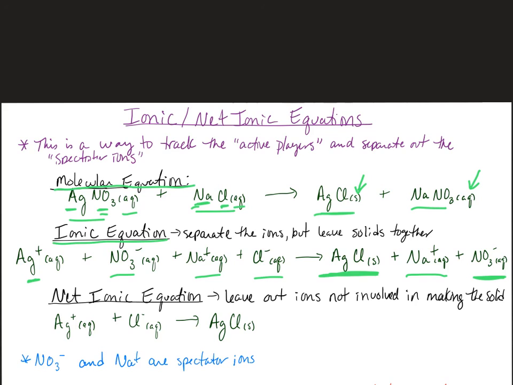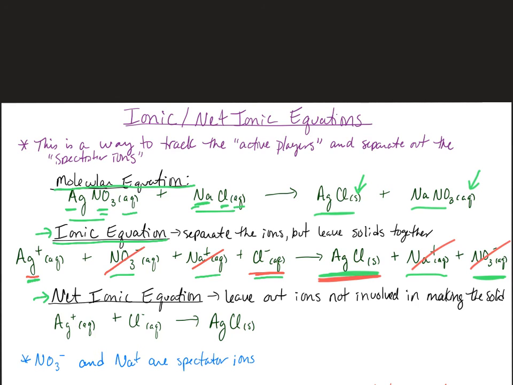So going from an ionic equation, we could do something called a net ionic equation next. What that does is it takes our ionic equation, and anything that's the same on both sides gets canceled out. So look at this. Those are the same. This NO3 is over here. That's the same too. These are not the same because they make a solid product, and these are the ones that end up making that solid product.